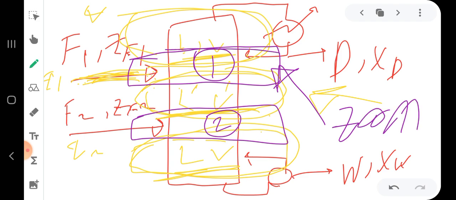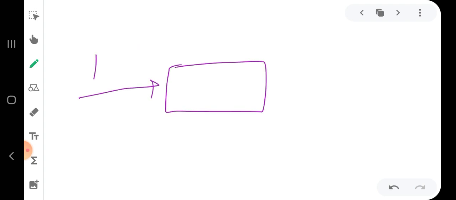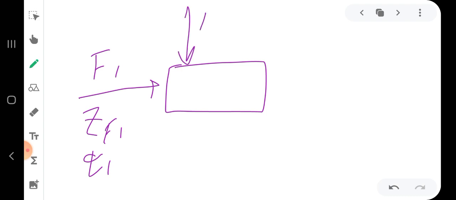If we zoom in on this intersection between the 2 sections, we will have here the feed 1 with ZF1 and Q1. Okay, and we have liquid going down from the top section, which is L, and vapor going up from the top section, which is V.